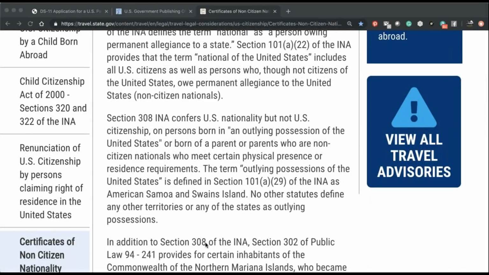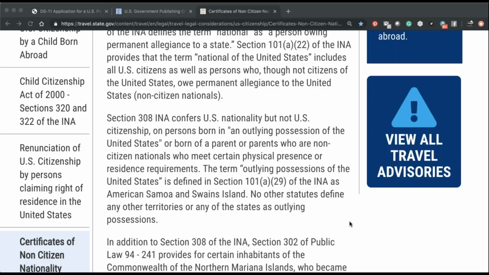I have to keep going to break this down, because that can of worms has been open and I have to help you see what you're really trying to get. Section 308 of the INA confers U.S. nationality but not U.S. citizenship on persons born in an outlying possession of the United States, or born of a parent or parents who are non-citizen nationals who meet certain physical presence or residence requirements. The term outlying possessions of the United States is defined in Section 101(a)(29) of the INA as American Samoa or Swains Island.